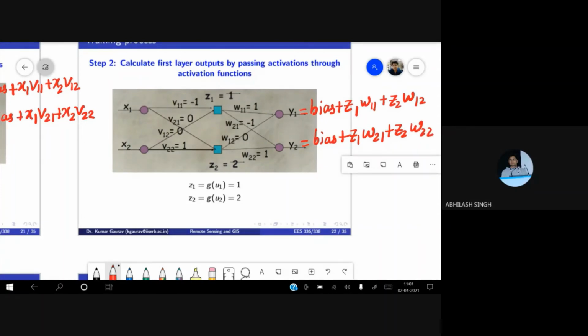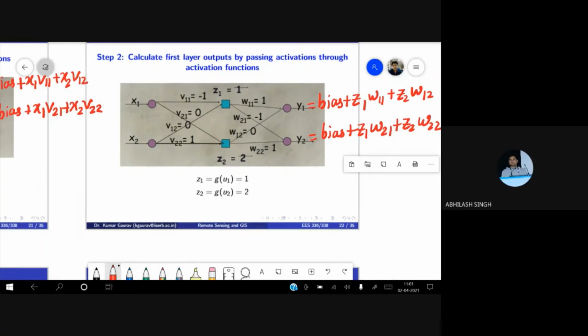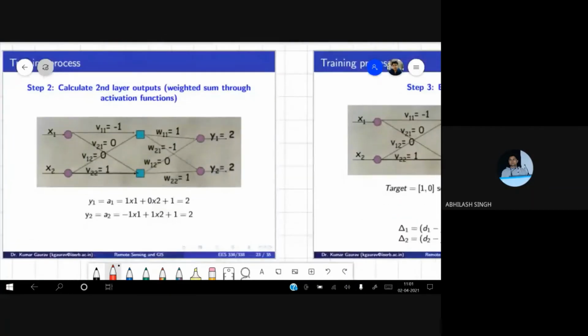Now if we put in these values, we get y1 equal to 2 and y2 equal to 2. We are expecting y1 to become 1 and y2 to become 0, but we are getting a value of 2, 2.